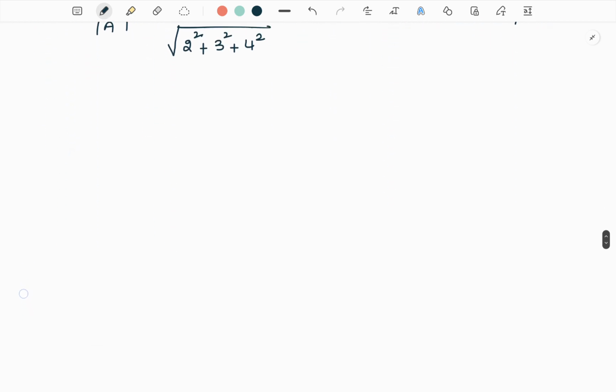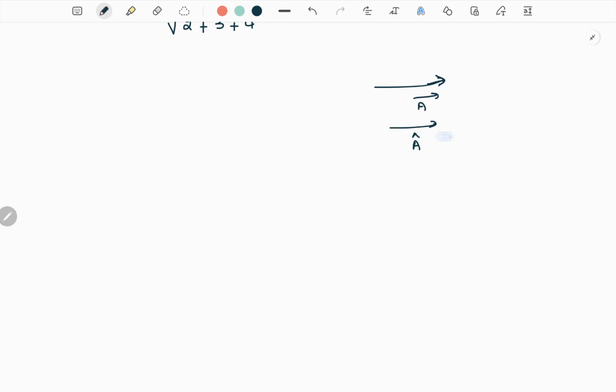Now let's say our intention is to find a unit vector in the opposite direction of a bar. The unit vector in the direction of a bar is represented with a cap. If I wish to represent a unit vector in the opposite direction of a bar, it is minus a cap.